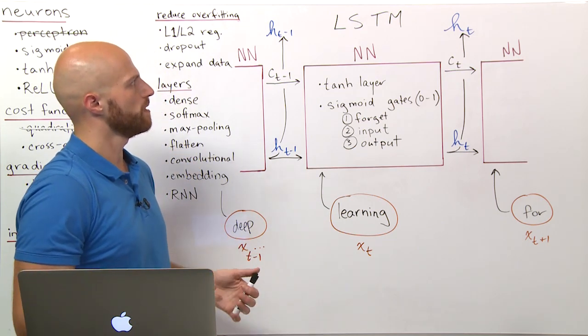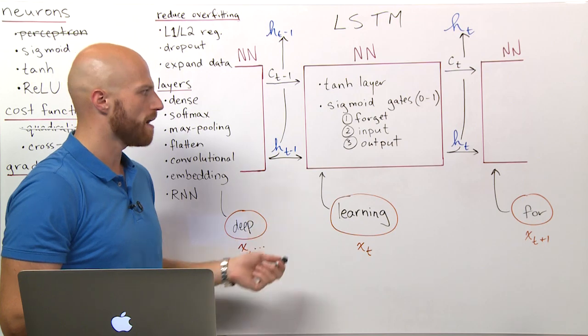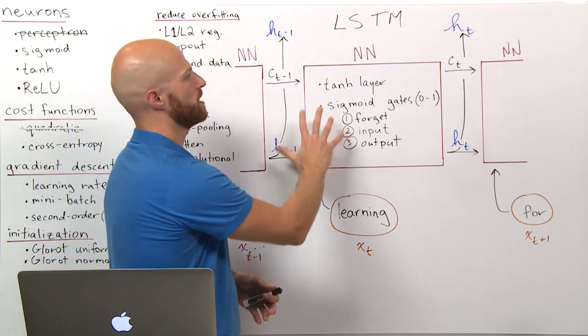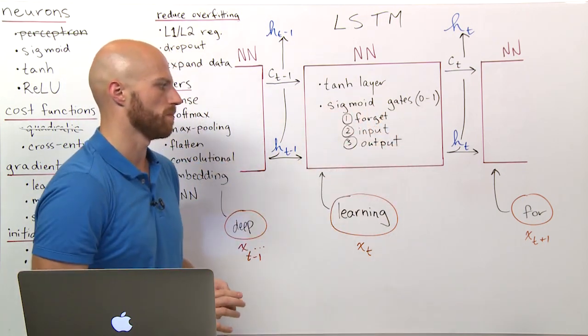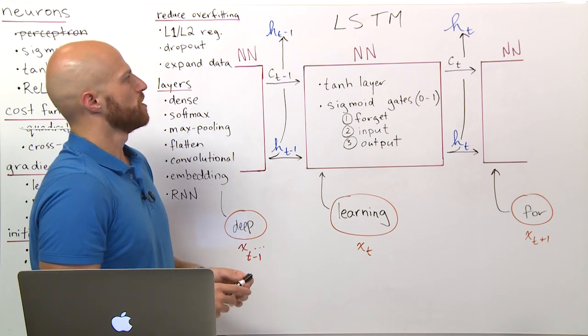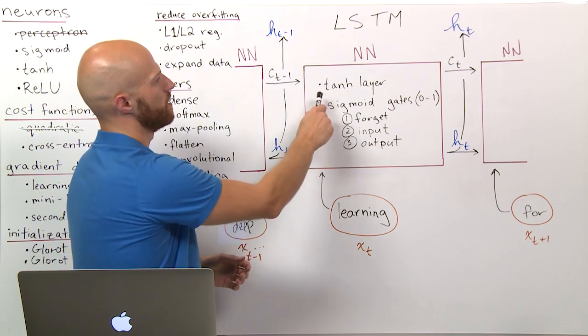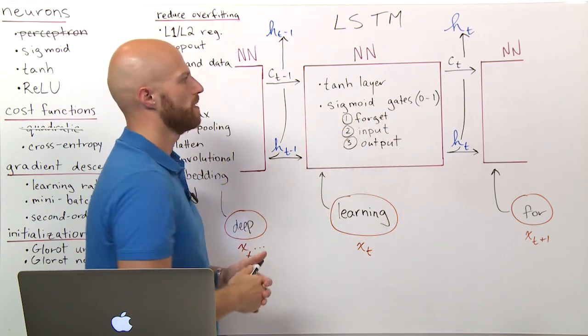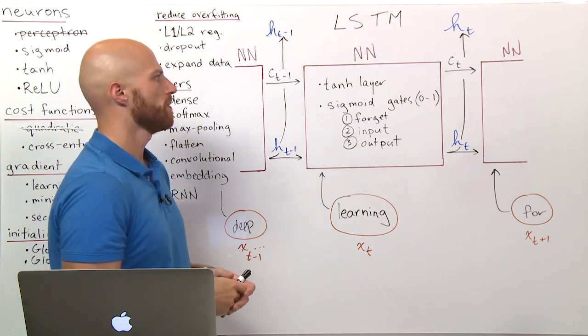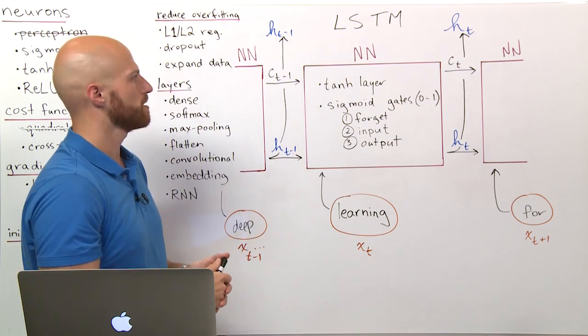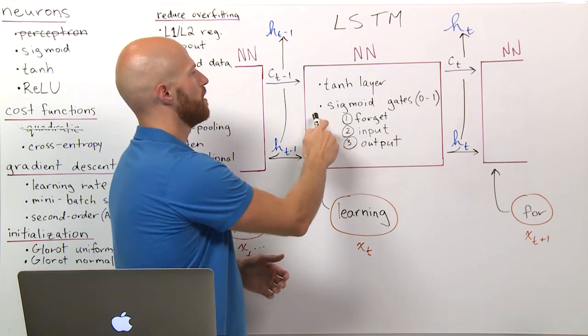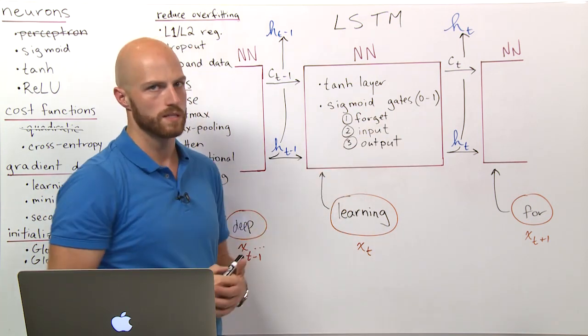The trick that long short-term memory units have is quite a bit more complexity within the neural network module. In addition to the tanh layer that the simple RNN had, the LSTM variant also has 3 sigmoid gates inside of it.